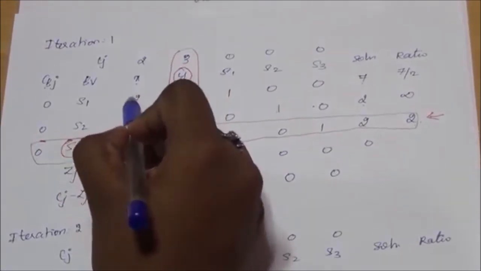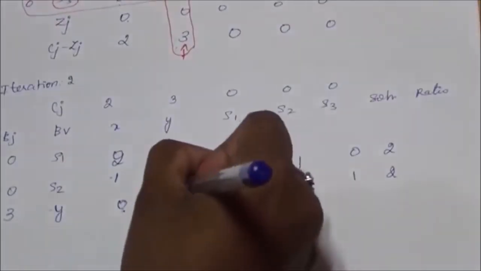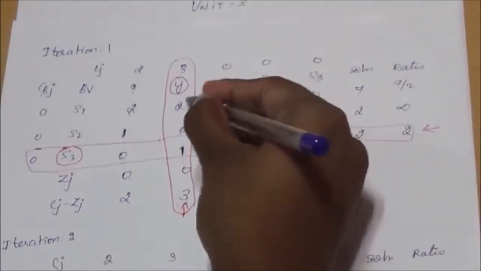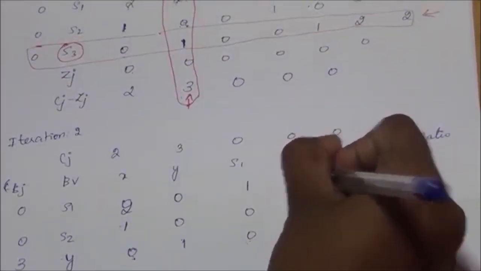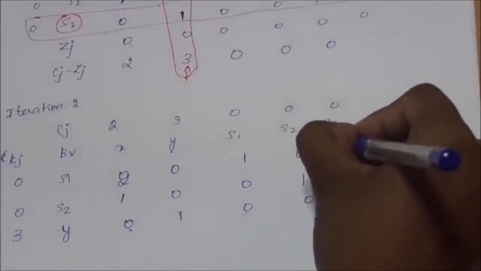2 minus 0 into 2, it is 2. Again for this row, it will be 2 minus 2 into 0, so it will be 0. Sorry, it will be 2. 2 minus 2 into 1, it will be 0. 1 minus 2 into 0, it is 1. 0 minus 2 into 0, it is 0. 0 minus 2 into 1, so it is minus 2. 7 minus 2 into 2, so it is 3.